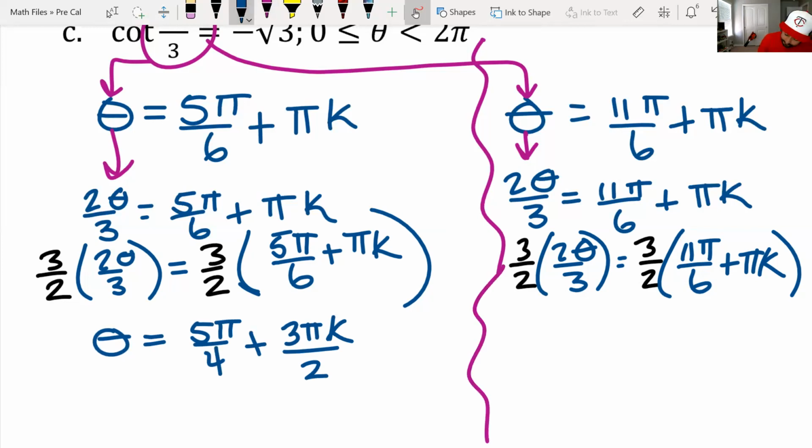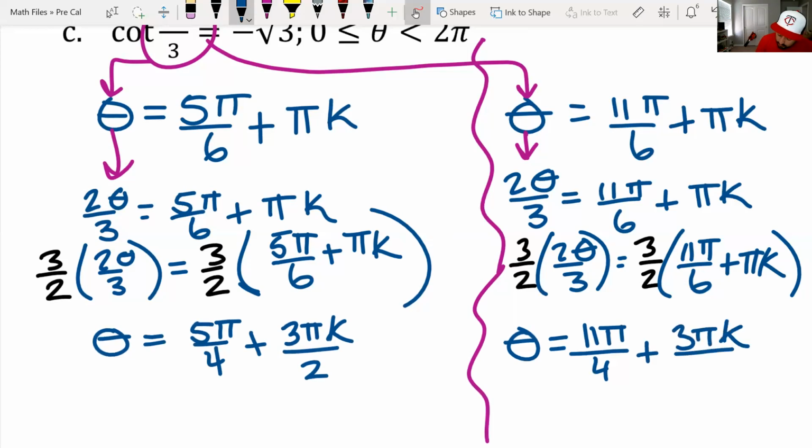Over here, theta equals, again that's 1, you get 11 pi over 4 plus 3 pi k over 2.